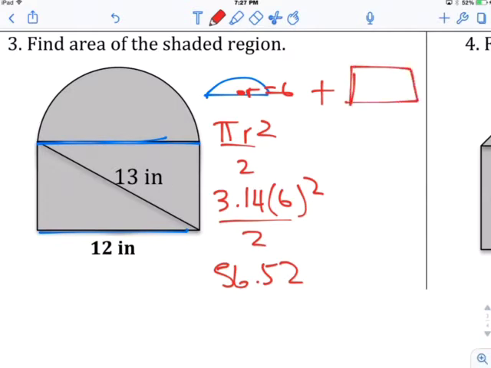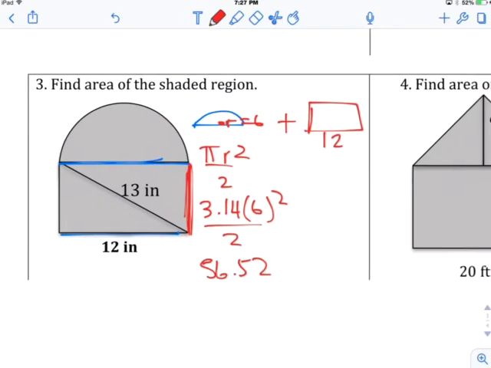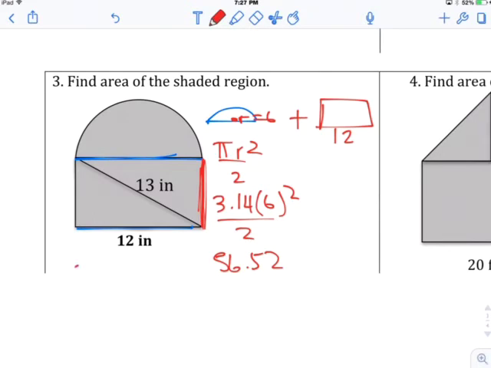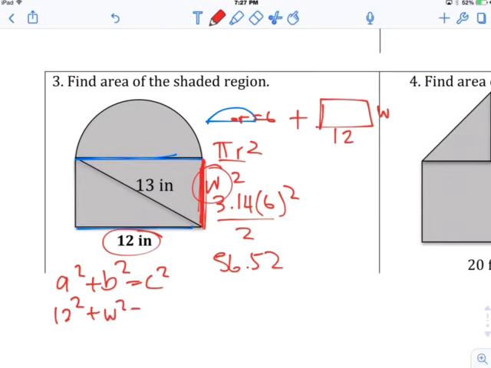this 12, but we don't know this side. When we're missing a side, we have to do the Pythagorean theorem. a squared plus b squared equals c squared. We call that width, right? So a is 12 squared plus b, which is w squared, equals c, the diagonal, 13 squared.